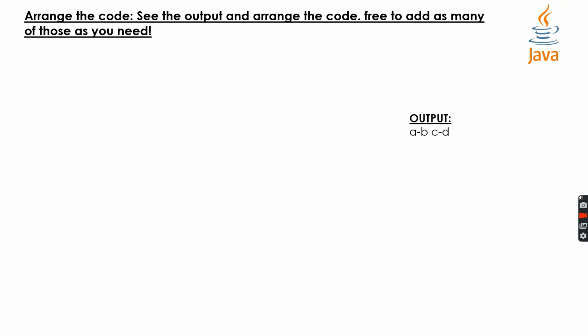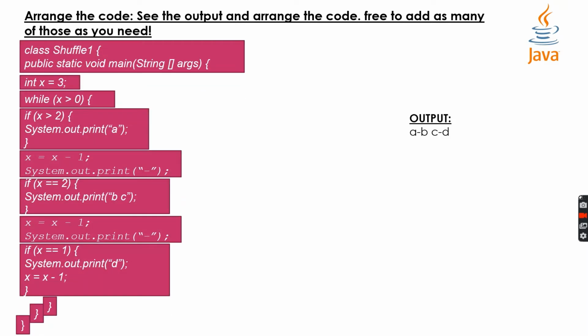So we are writing the code here. The class, we give the name as Safet1. Public static void main String args. Int x equals 3. So we are giving a while loop: while x is greater than 0. So the while loop is opening and we run the first code if x is greater than 2.